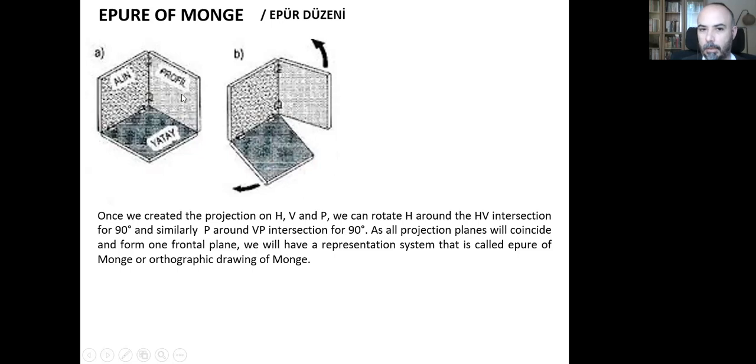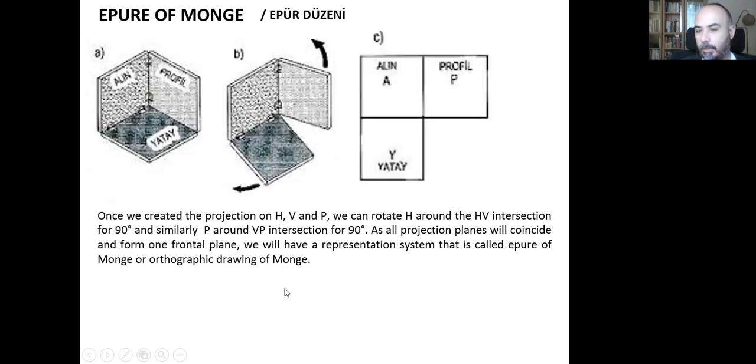And similarly, we can rotate the P around the VP intersection, this vertical line, for 90 degrees. And they will coincide and form one frontal plane. We will have a representation system.